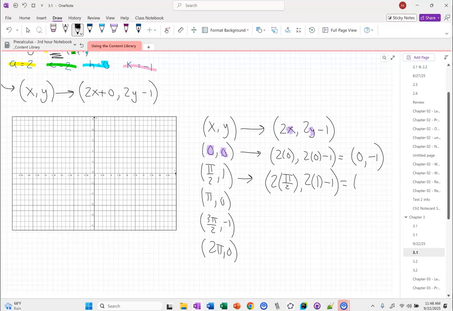And then 2 times 1 minus 1 is just 1, right? 2 times 1 is 2, and then minus 1 from that is 1. Oh, I thought it was multiplying. Is everybody still on board with what we're doing? Again, we're just plugging things through.